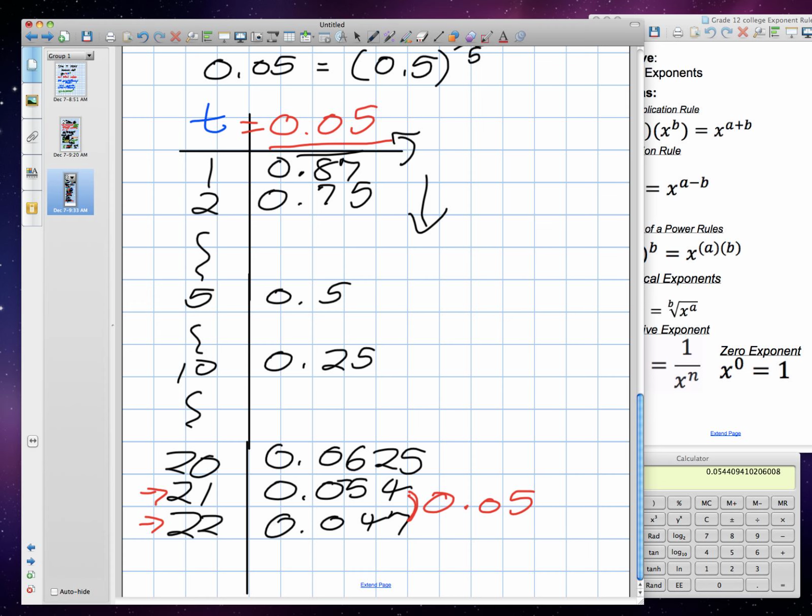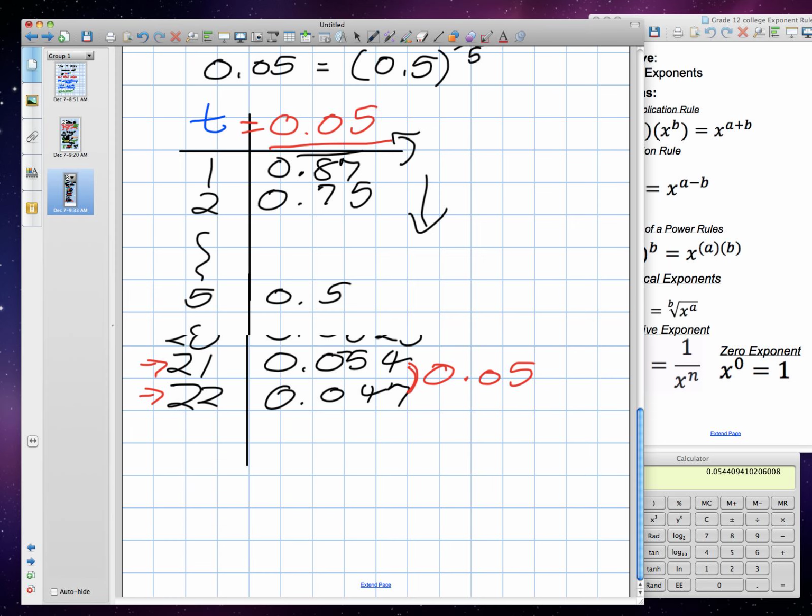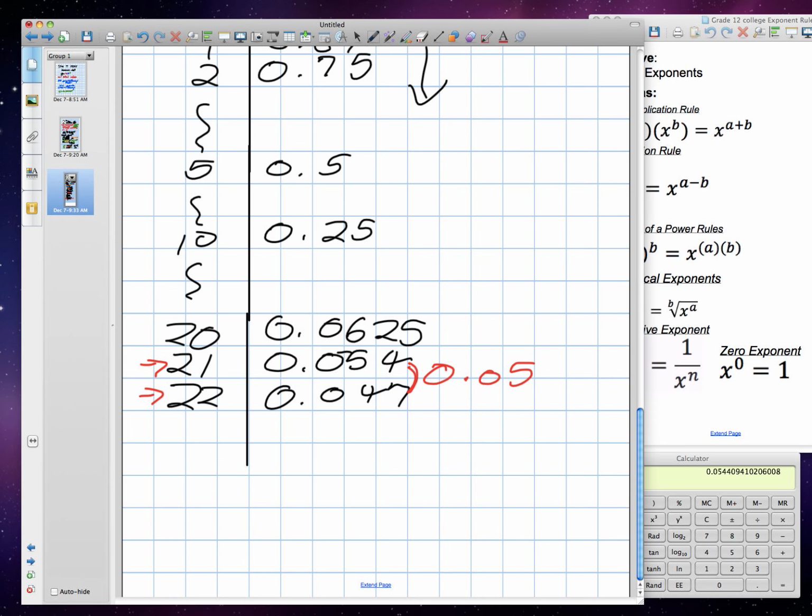So time in this question was measured in hours. Okay? So because time was measured in hours, what we're looking for is between 21 and 22 hours.